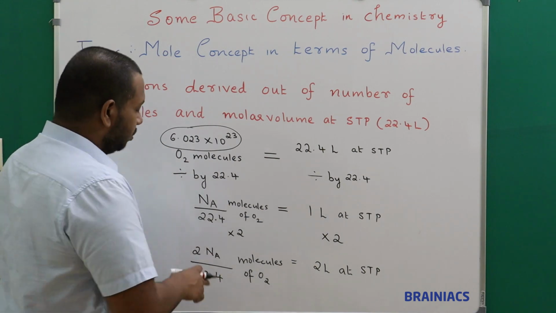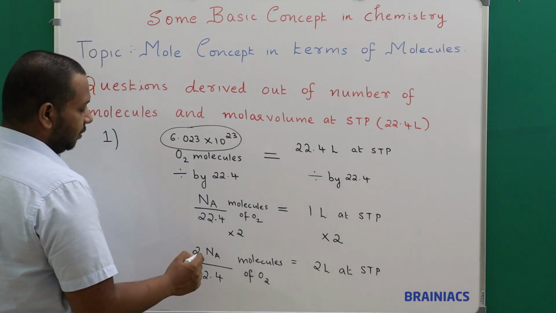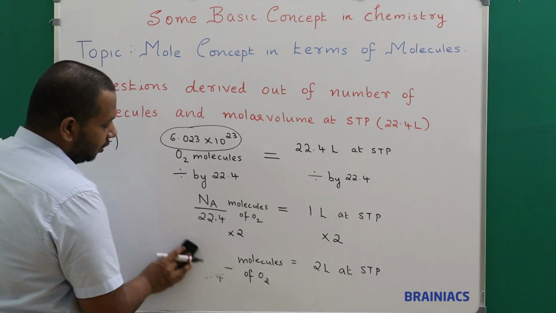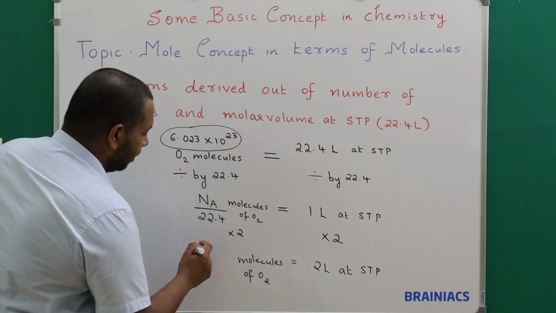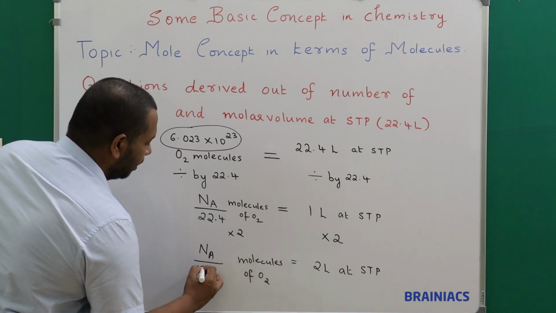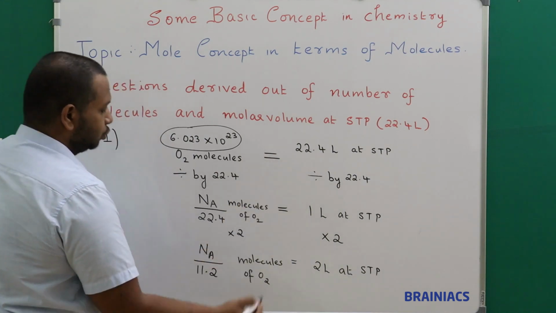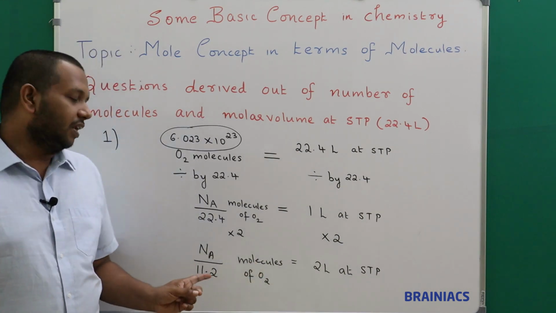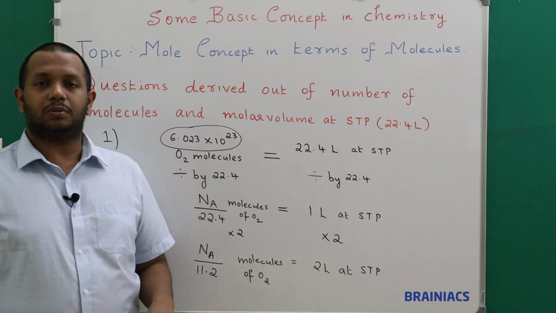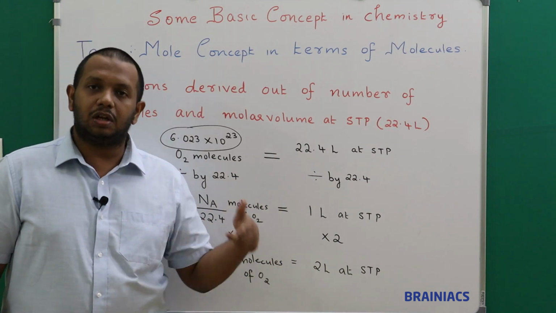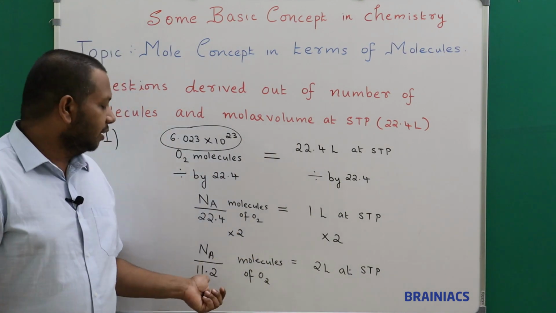Now how can you simplify this? You can simplify by cutting, so that this will become Na by 11.2 molecules. So this is the answer. Sometimes they can give it like this, Na by 11.2. Sometimes they will put 6.023 into 10 power 23 divided by 11.2 instead of Na.